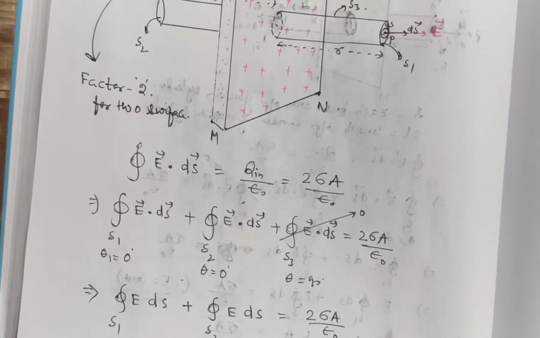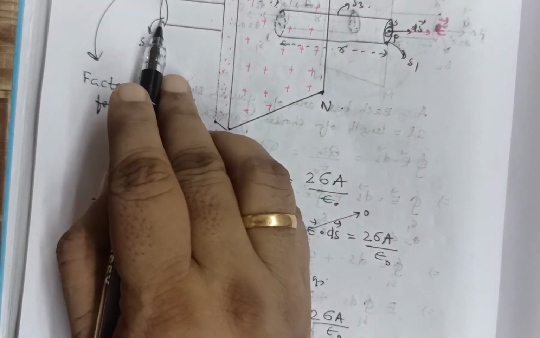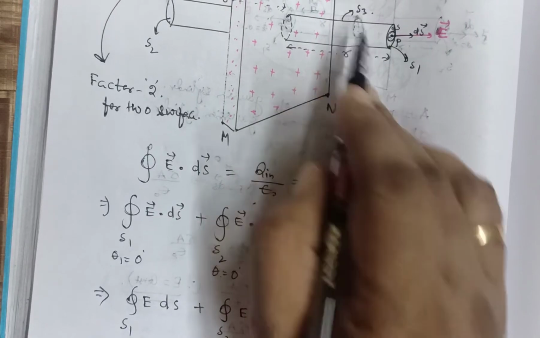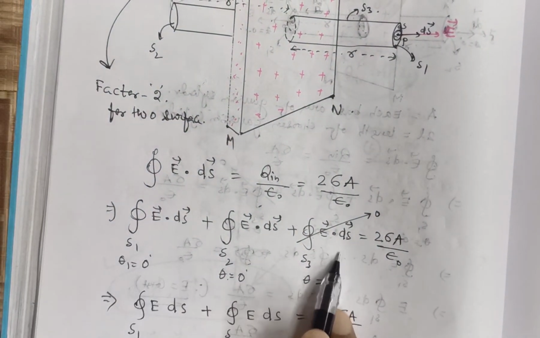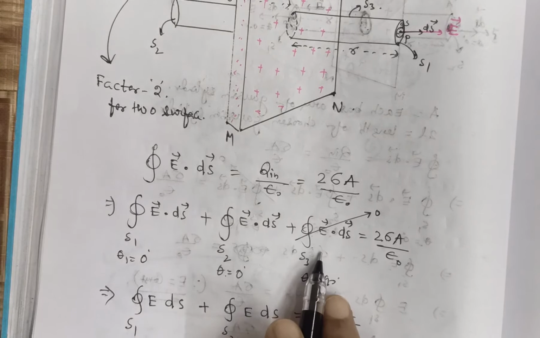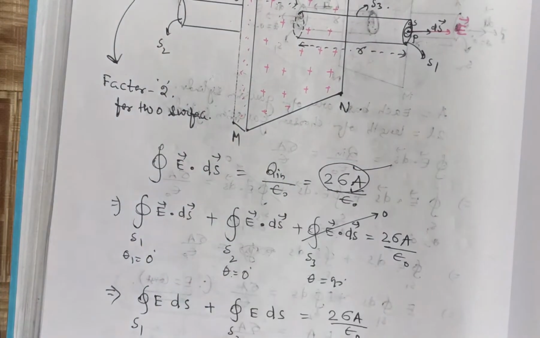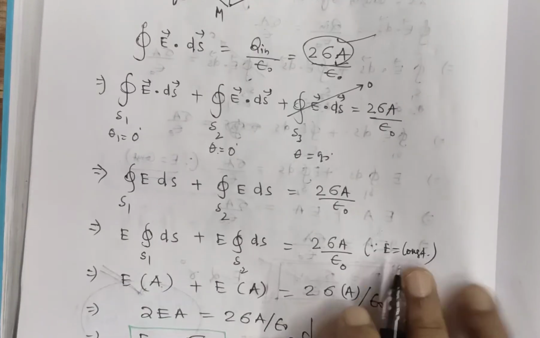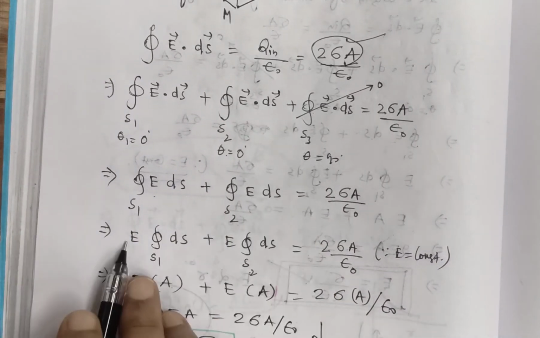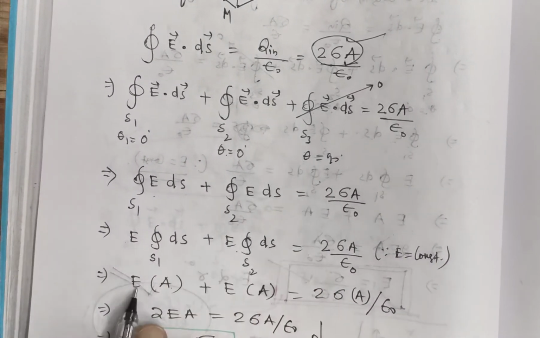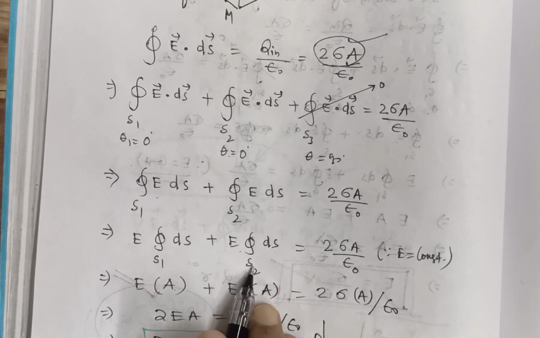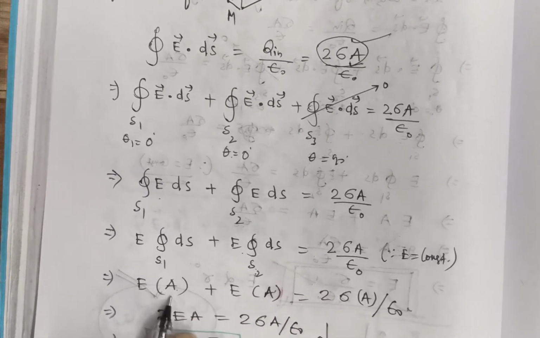Same derivation: for S1 theta is 0, for S2 theta is 0, for S3 theta will be 90 degrees. The integration is split into three parts. The S3 integration is zero, as theta is 90 degrees. Only this thing is changed, 2 sigma A. You see, similar derivation, E dS, E taken as a constant outside. As the areas of surface S1 and S2 are A and A, we get EA for each.